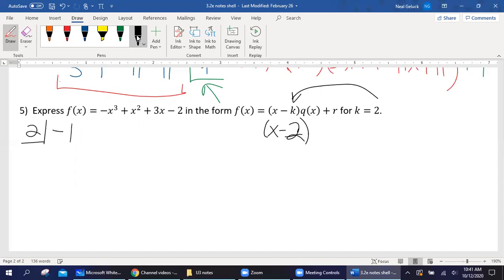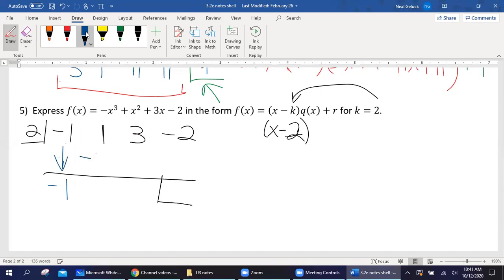So I'm just going to take the coefficients, -1, 1, 3, and the constant -2. Drop down the first number. Now it's multiply and add. Multiply and add. Multiply and add.